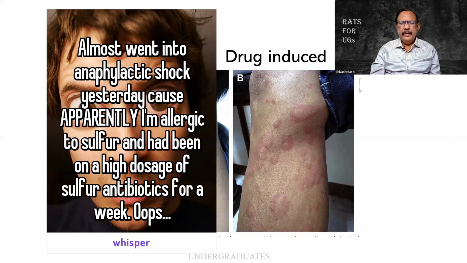He was illiterate, and what the doctor did was, first thing, he asked him to mention the word sulfur repeatedly, because he has now come alive. If he were to take the sulfur again, perhaps he would go into anaphylactic shock or even death. So this is a drug-induced urticaria. Maybe it fits in with type 1 anaphylaxis.